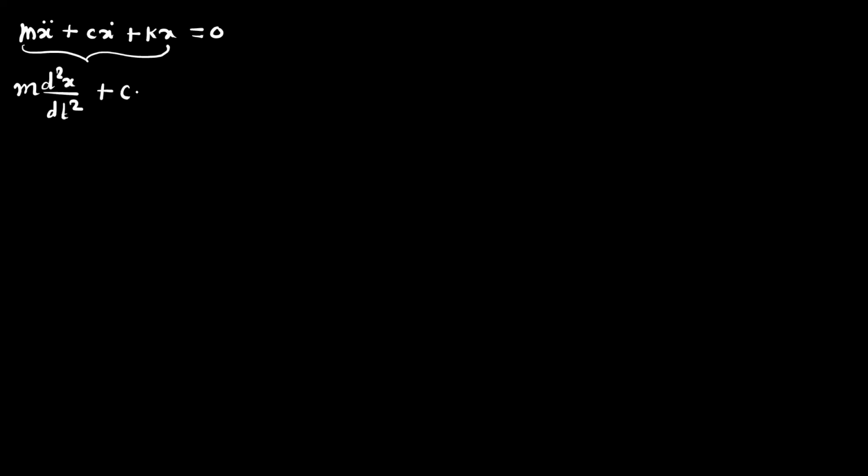So now we have the equation for the damped vibration, which is m x double dot plus c x dot plus k x equal to 0. Basically this complete equation is a homogeneous differential equation, and it is a second order differential equation. So this is m d square x upon dt square plus c dx by dt plus kx equal to 0.